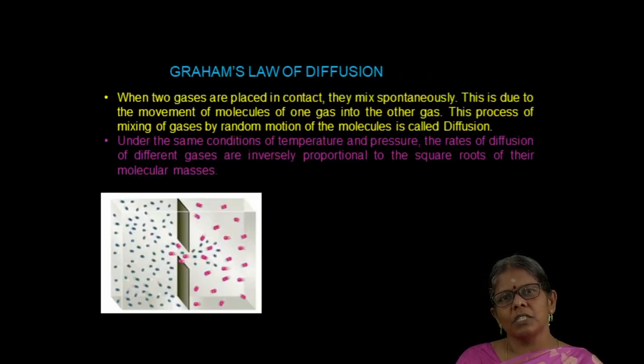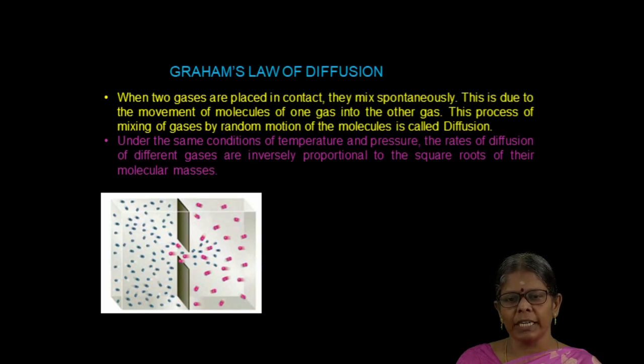Next comes Graham's law of diffusion. Before getting into it, we have to know what diffusion is. When two gases are separated by a membrane, or when they are in contact, one molecule begins to move into the core of another molecule without any external force.